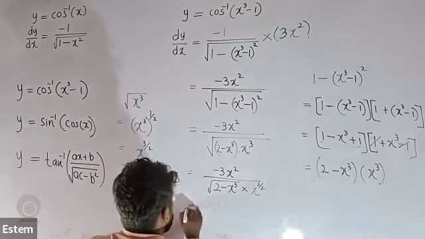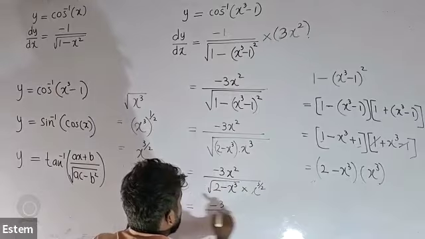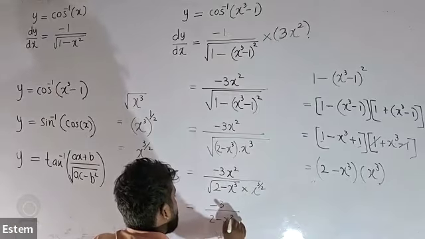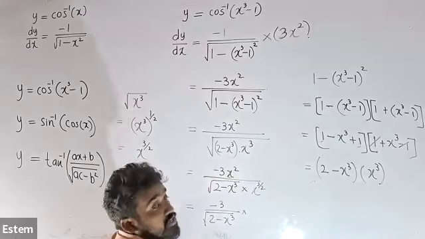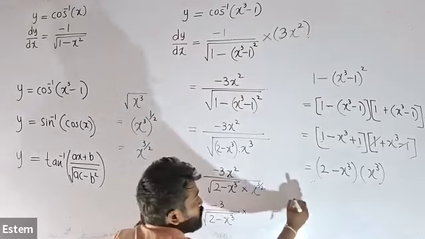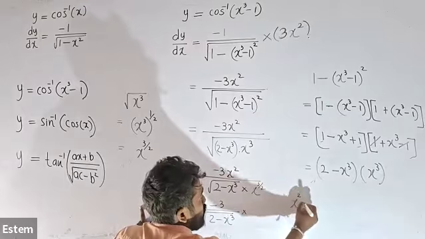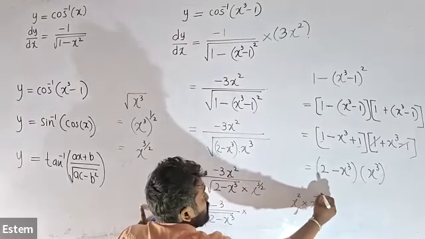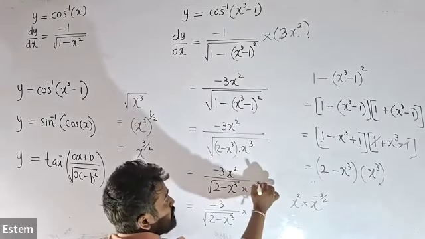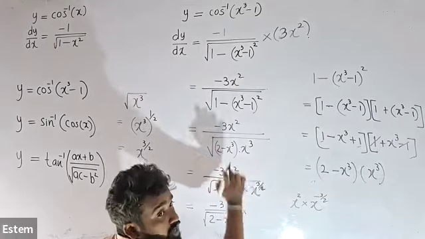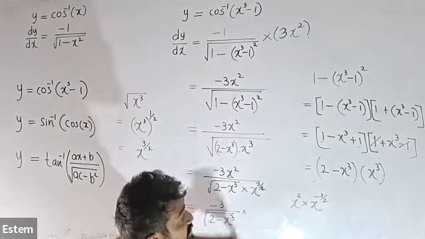And after that, you can do this, square root of 2 minus x cube, and you can simplify x squared and x to the power 3 over 2. How do we simplify? x squared into x to the power minus 3 over 2. I take this x to the power 3 over 2 to the upper layer, then the power becomes negative.